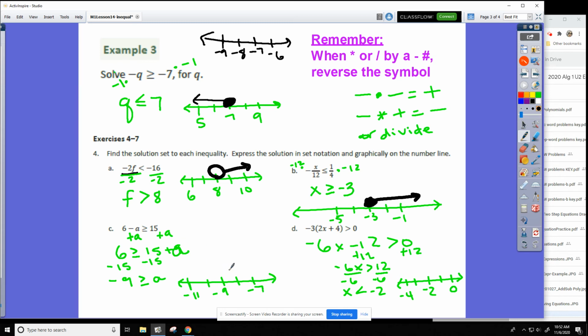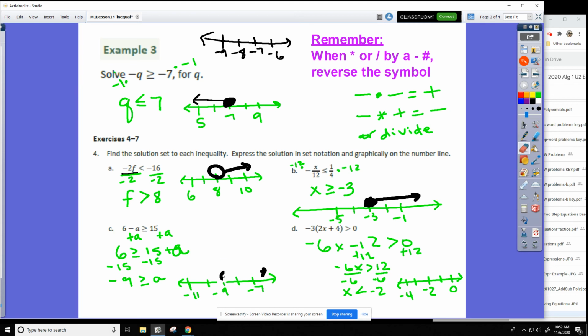Here, a closed dot at negative 9, greater than. This one I did not reverse the symbol, so let's try. 0 should work. It's over here. 6 minus 0, greater than 15. I made an error. Where did I make that error? Oh, I made the error drawing my arrow.